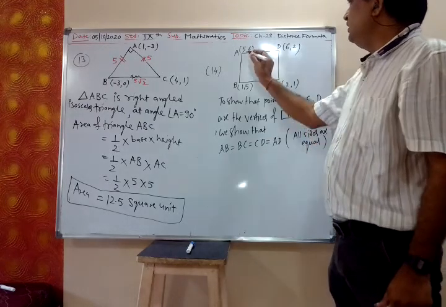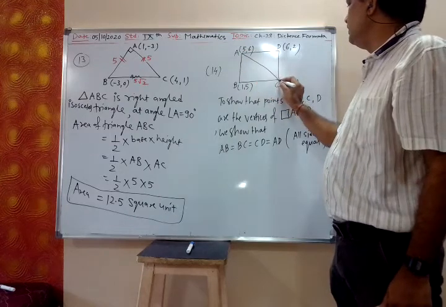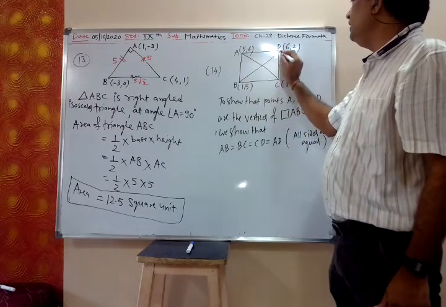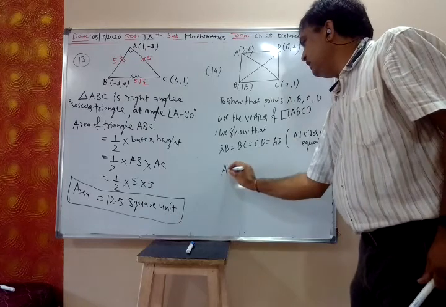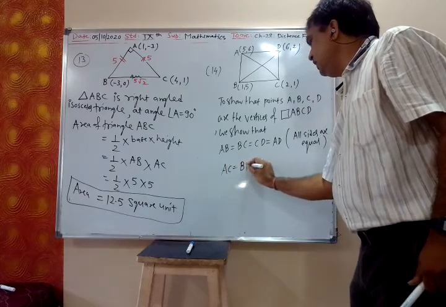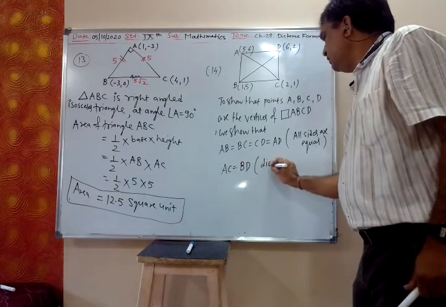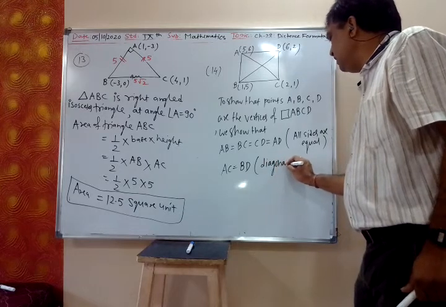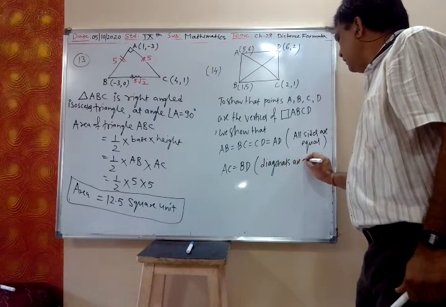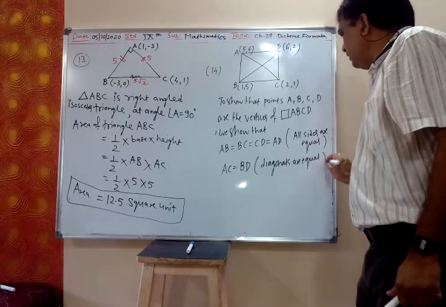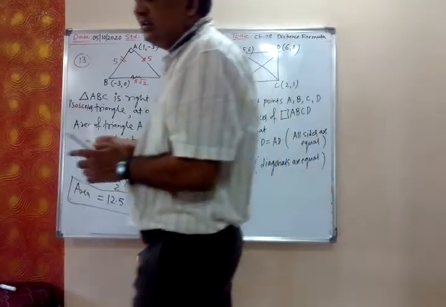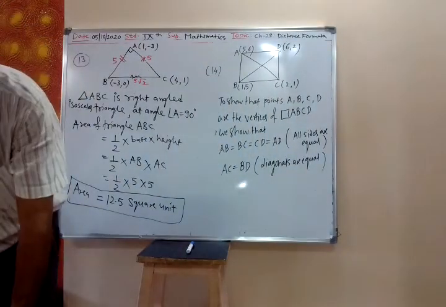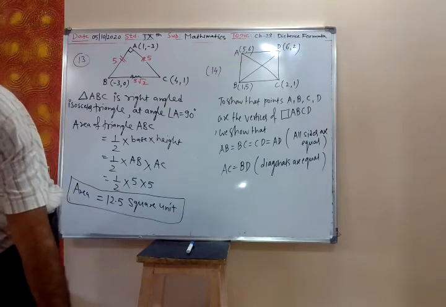Then second, the diagonals are also equal. AC is equal to BD. Diagonals are equal. The diagonals are equal condition is given for rectangle as well as square. Is it clear?